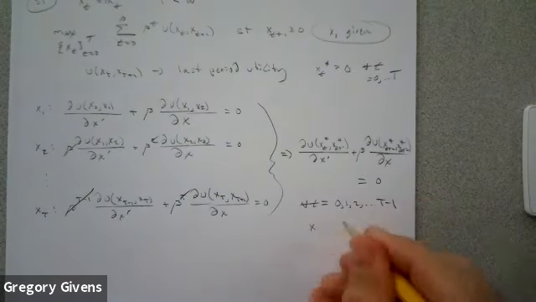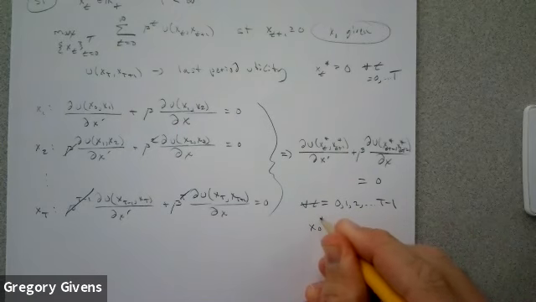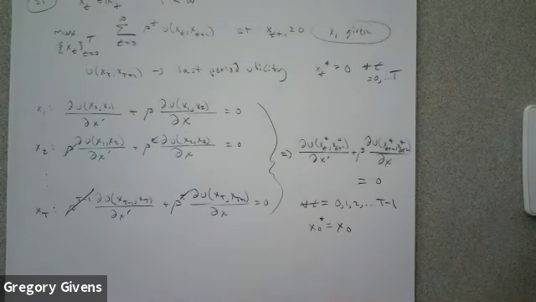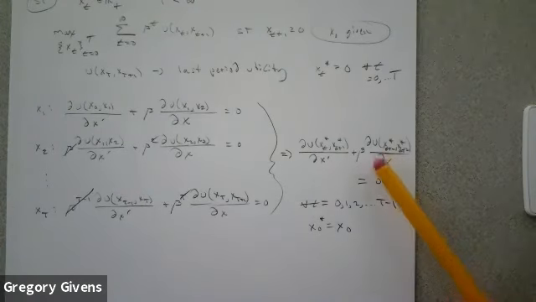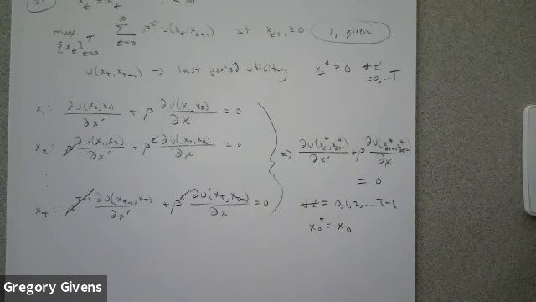And here, x0 star is just equal to the initial value of x. This equation is just the Euler equation that we derived earlier. The marginal utility of the control plus the discounted marginal utility of the state scrolled forward one period is equal to 0.